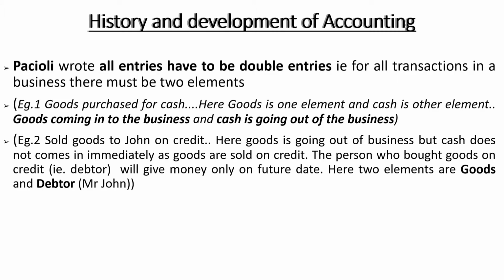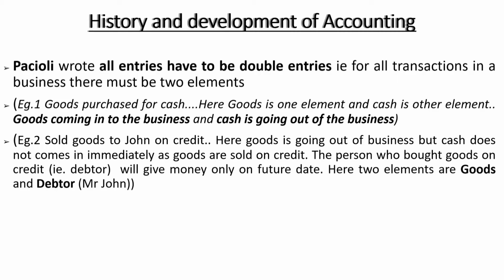In the first case, when goods are sold for cash, goods are going out of the business and cash is coming into the business. Here goods are sold to John on credit. Goods are going out of the business, but cash is not coming in immediately.